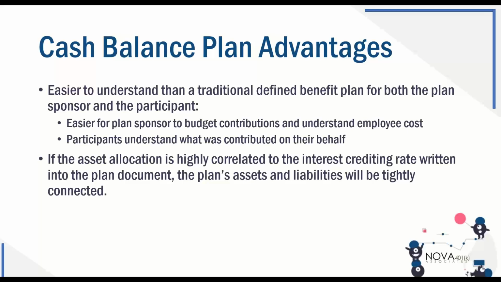One way I like to think about a cash balance plan, because we sometimes get hung up on the plan's rate of return, is this: if you have a plan and you've been putting away money, and say you have 3 staff members and an owner, and the plan goes to terminate, you're going to pay the staff whatever they've benefited in the plan. Their hypothetical account balance will get paid out to them.